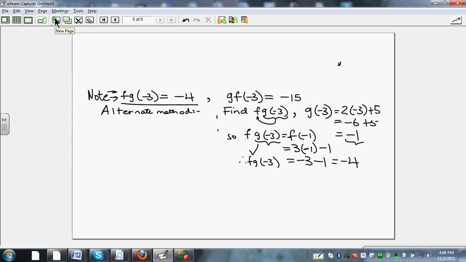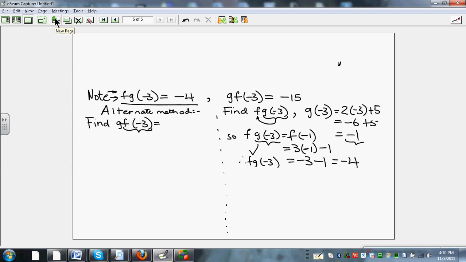Okay, we'll do it on the other one as well. Let's say we had to find gf of minus 3. If we had to do a similar method to find gf of minus 3, what we would do first is to find f of minus 3, and whatever that answer is, we'll then take it and find g of that answer, right?